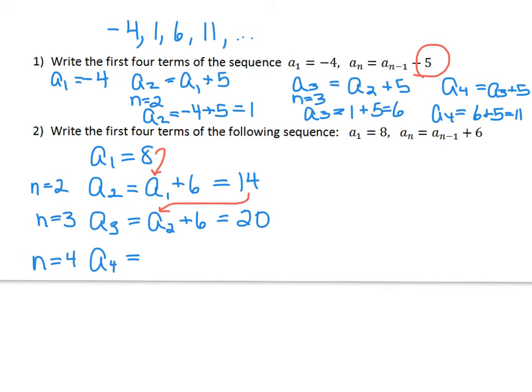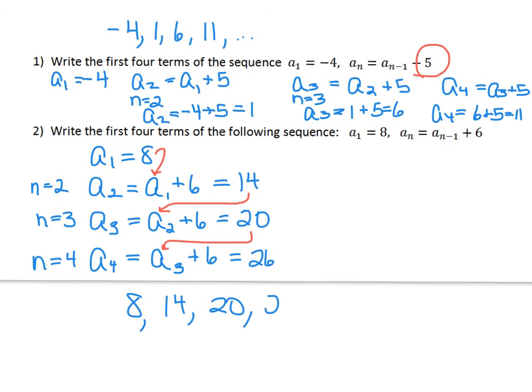So I'm going to use the subscripted value a to the 4 minus 1, so a sub 3 plus 6. But my third term was 20. So 20 plus 6 gives me 26. So the first four terms are 8, then 14, then 20, then 26, etc. Now you'll notice that this one has the pattern of take any previous term and add 6.